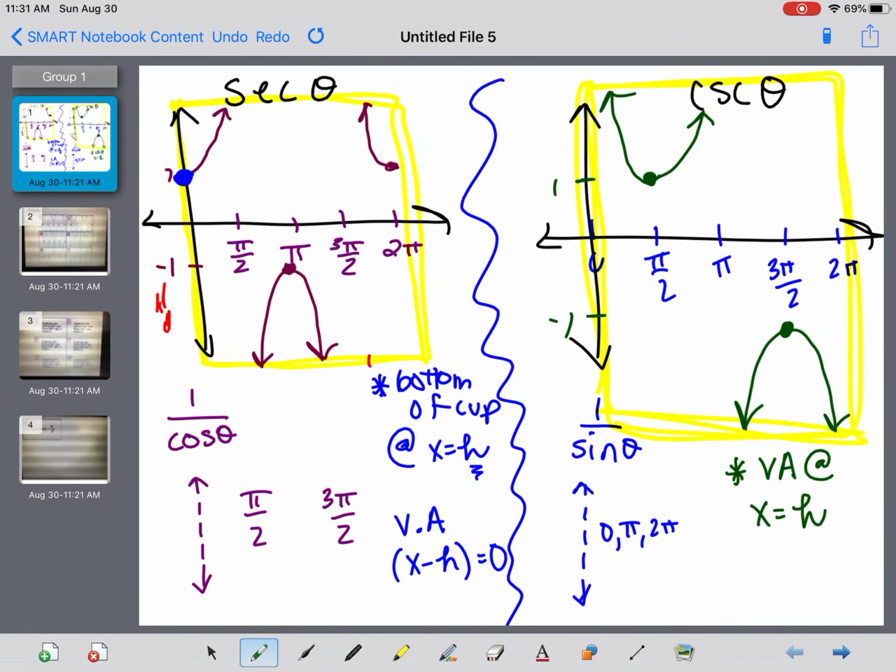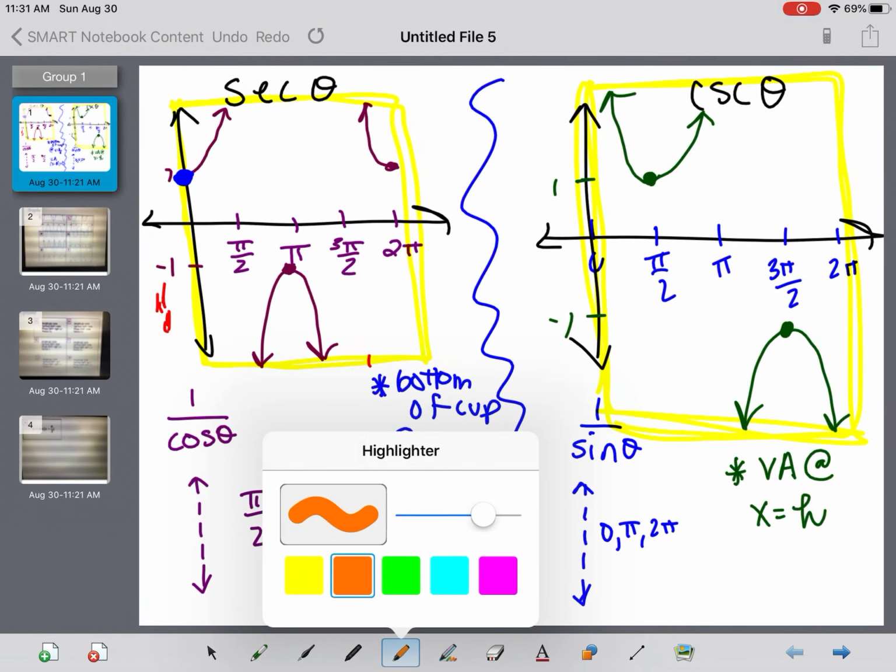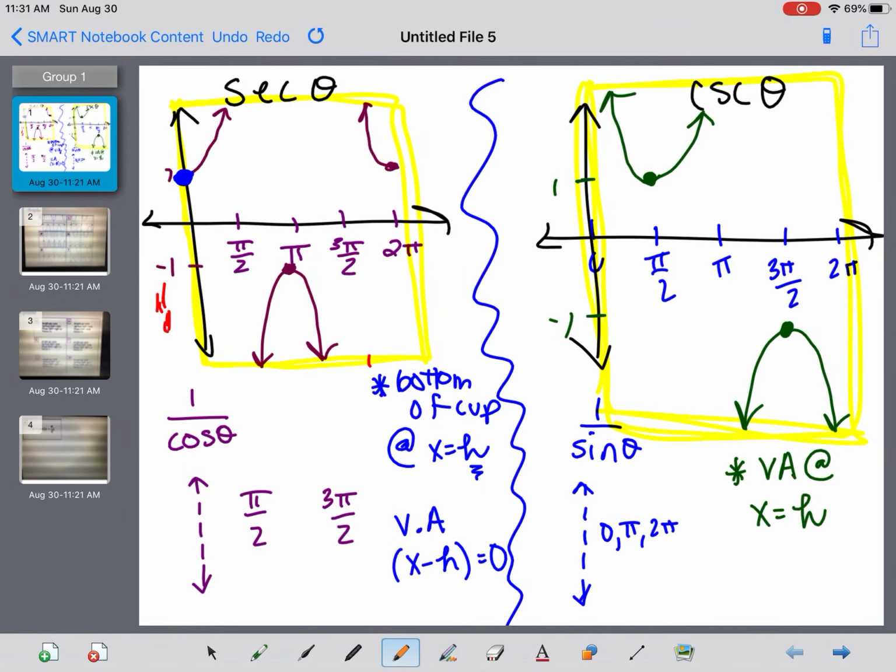All right, so that's one thing that you can look for when you're looking for the cosecant graphs. Also, notice with positive graphs, that means that the A is positive, both of the cups are up cups first on both secant and cosecant, okay?